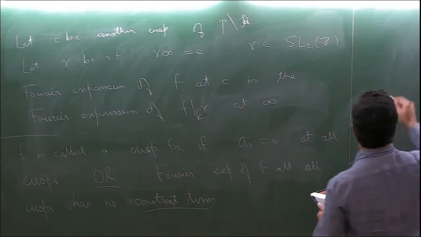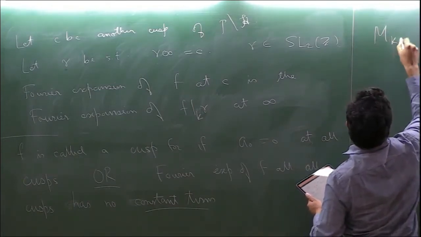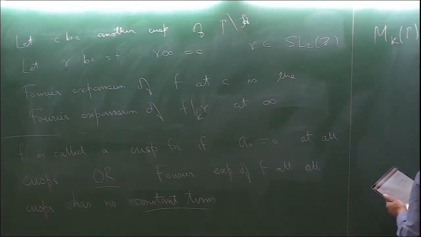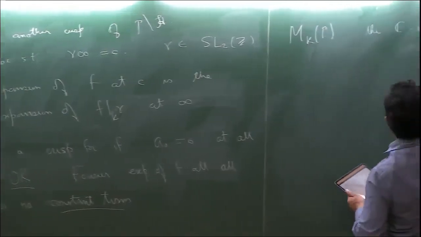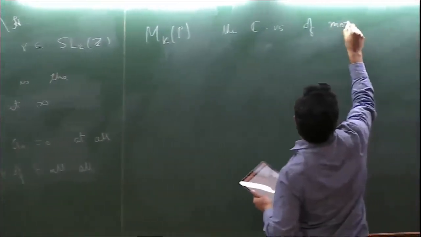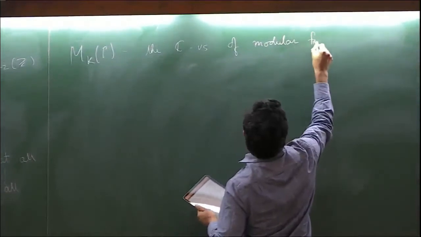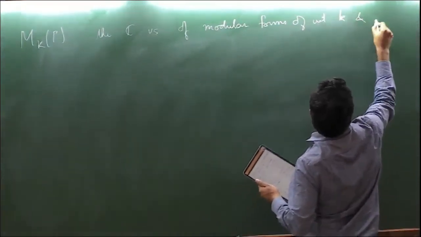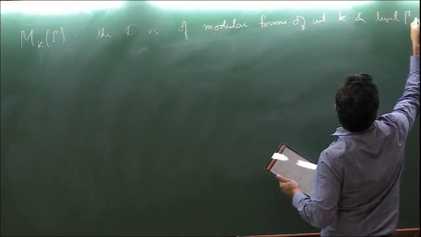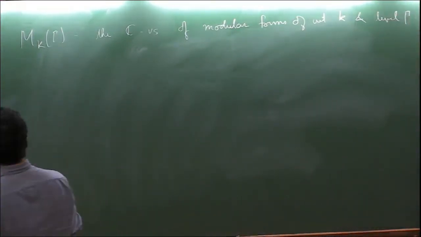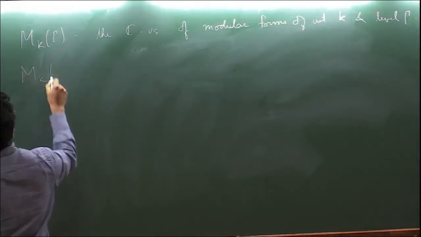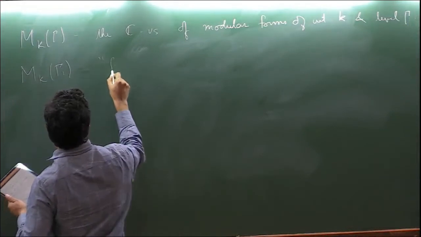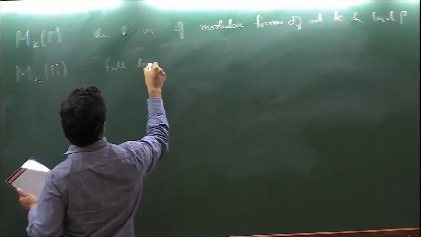All right, so here's a piece of notation. This is the C vector space of modular forms of weight k, level gamma. So Mk of gamma 1, this is full level, level 1.